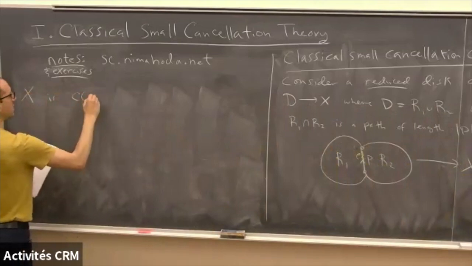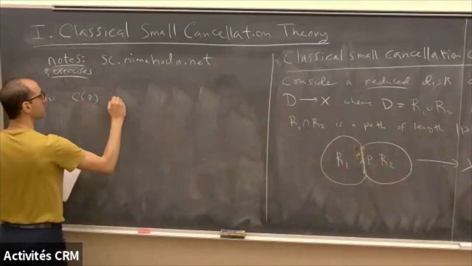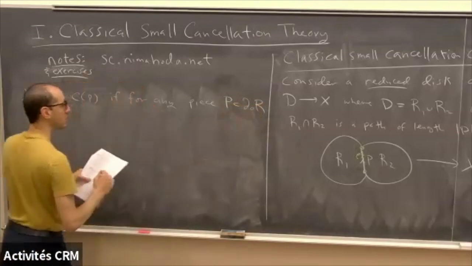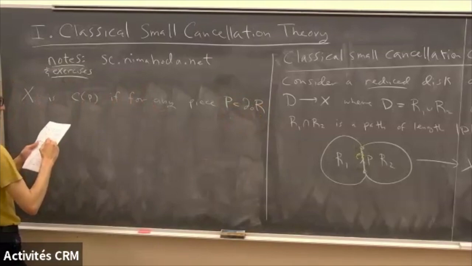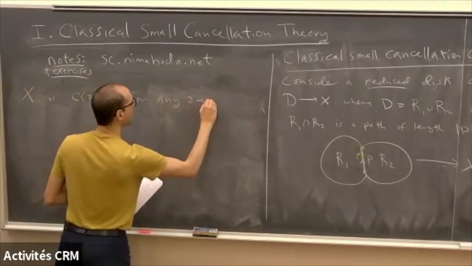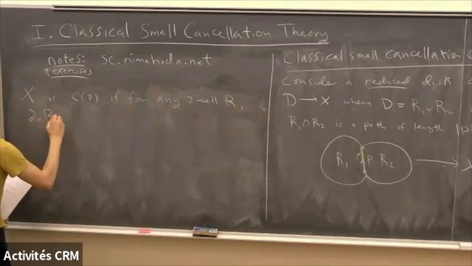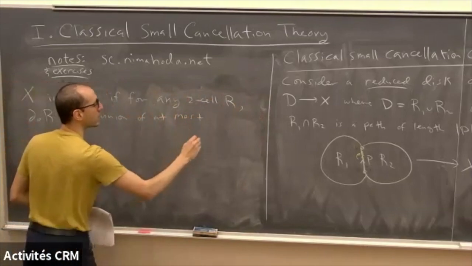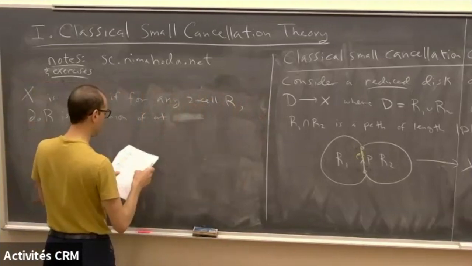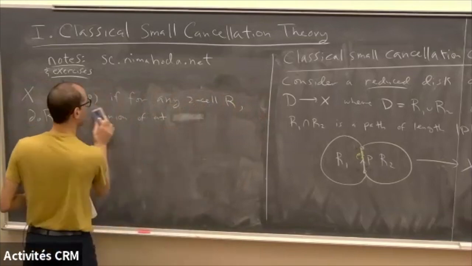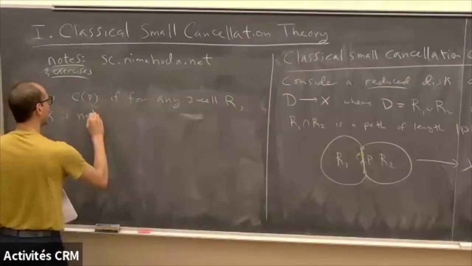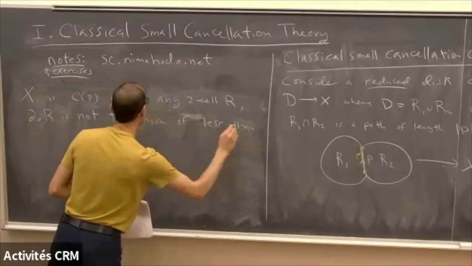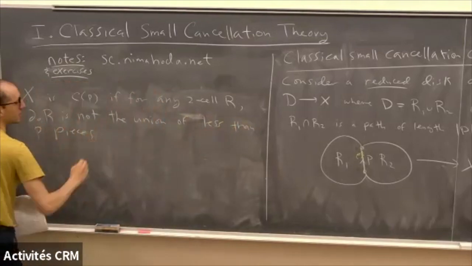X is C of P if for any two-cell R, the boundary is not the union of less than P pieces.